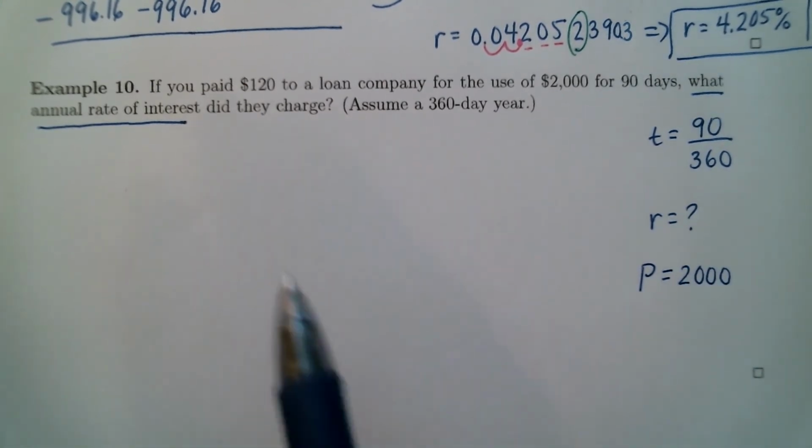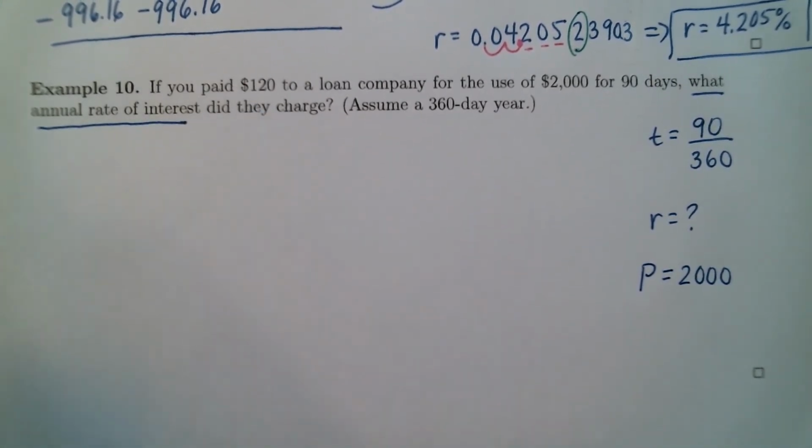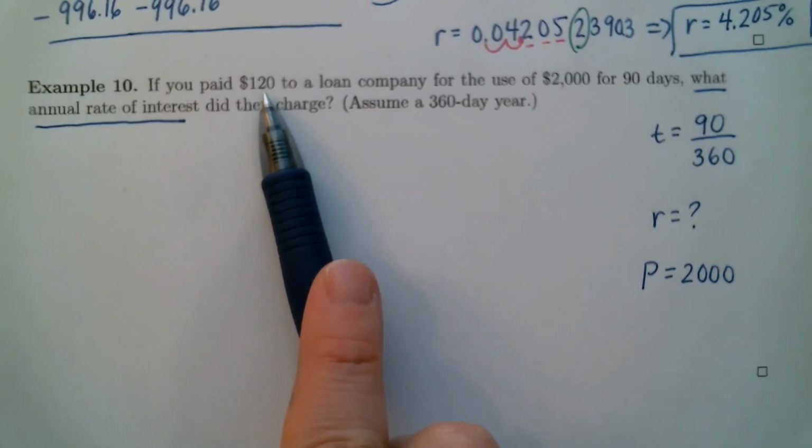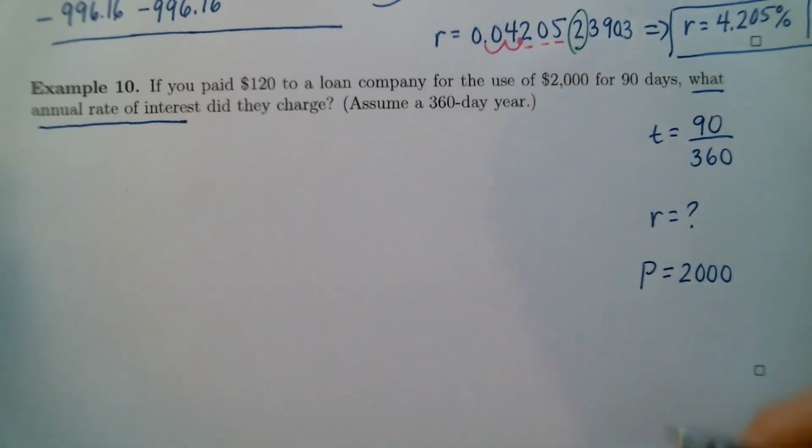This amount right here, $120, can't possibly be the A value, because remember, A is the amount you would pay back. So the A value should be a number bigger than $2,000 because you would pay back the $2,000 plus any interest that accrued. So this is actually the I value, the interest.